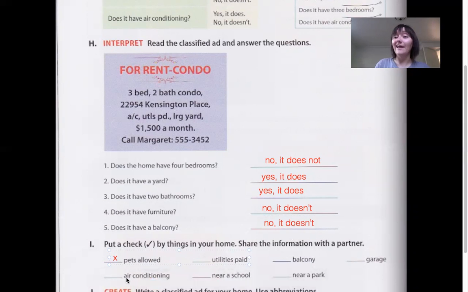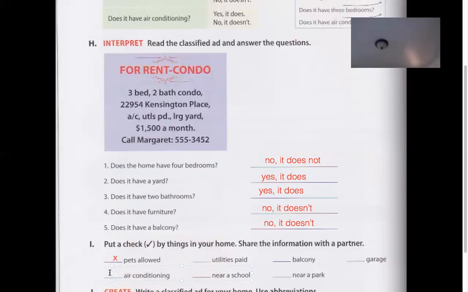Do you have air conditioning? Now this one can be kind of hard because I have air conditioning, but it's just in my window. It's just window air conditioning. It isn't what we say central air. Central air is when it comes out of vents.